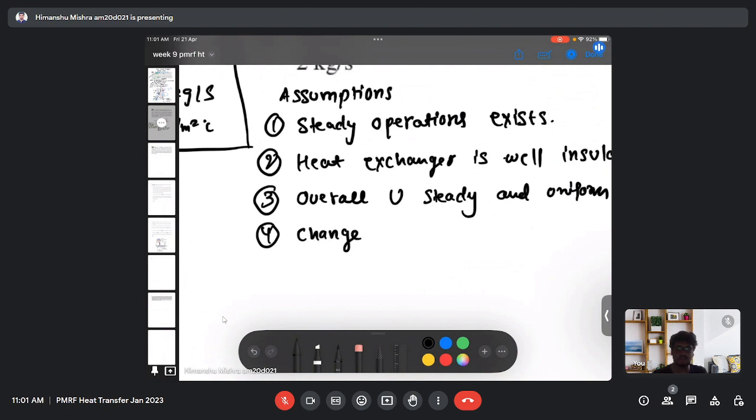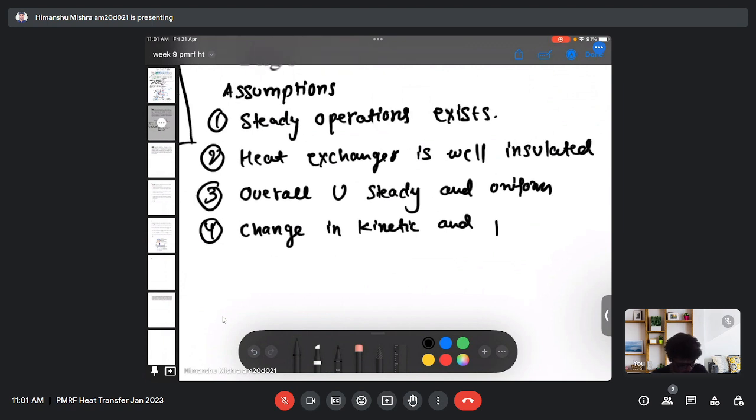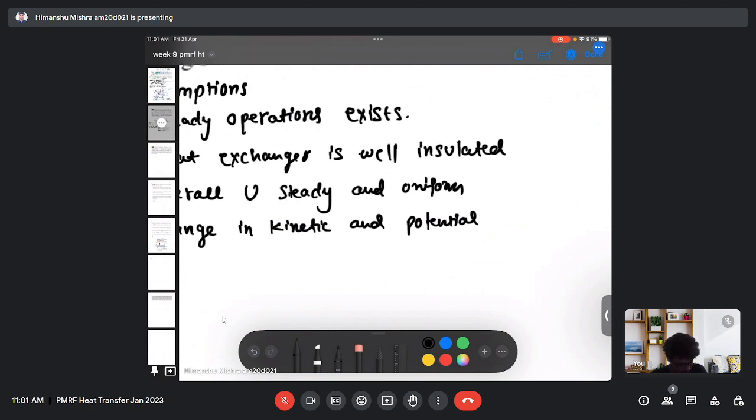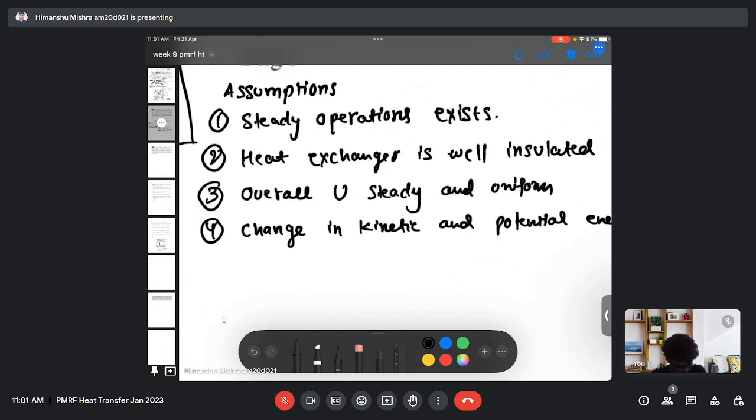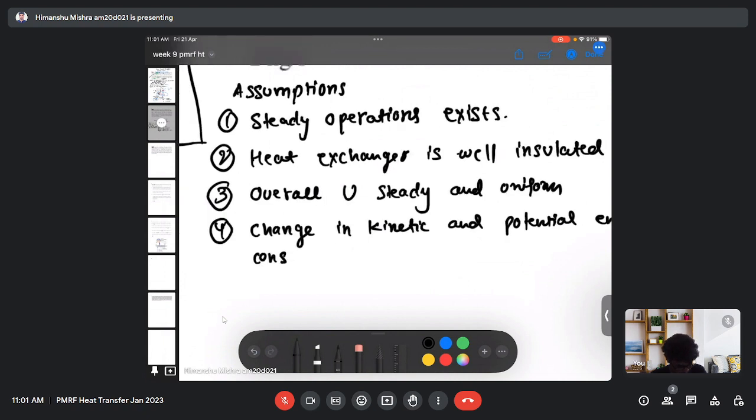So in that way, my heat capacity rate or the specific heat will be constant. So these are my basic assumptions.